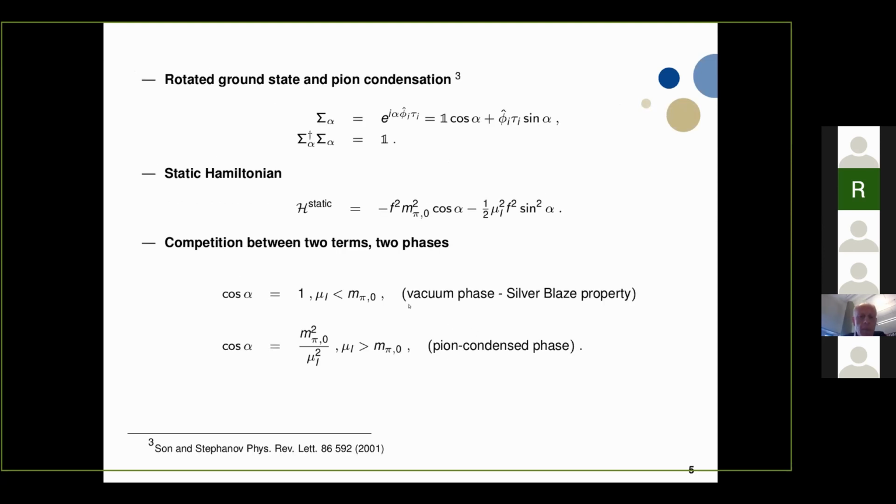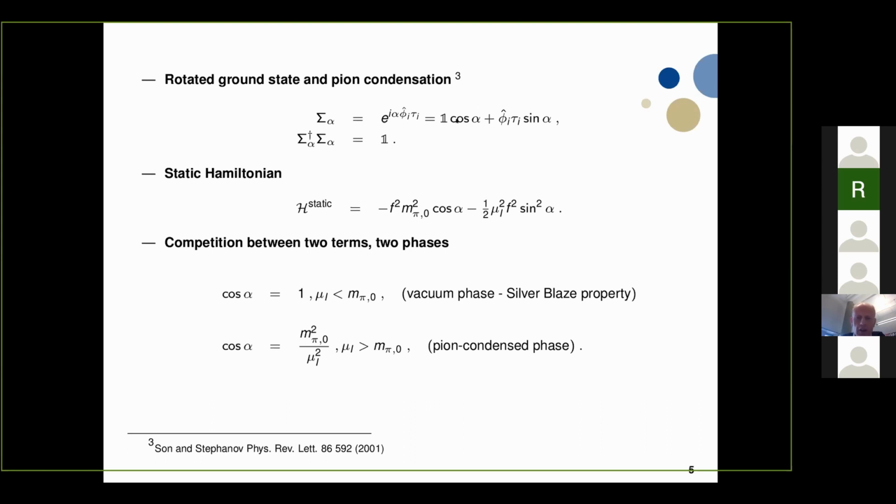So you can think of pion condensation, at least at tree level, as corresponding to rotating the ground state. So here's an ansatz for the ground state put forward almost 2 decades ago by Son and Stephanov. It looks like this.